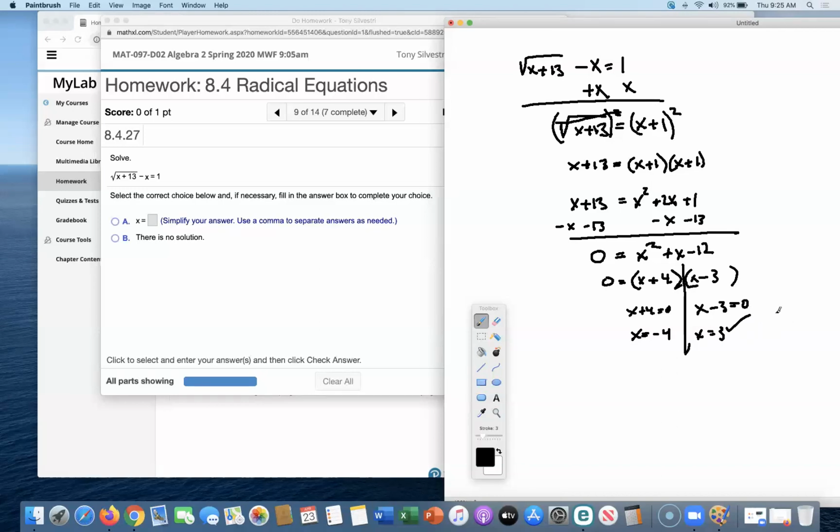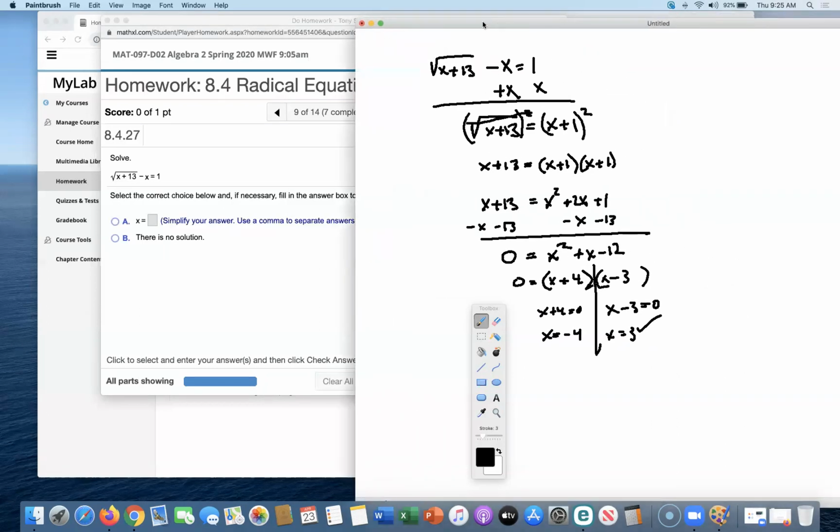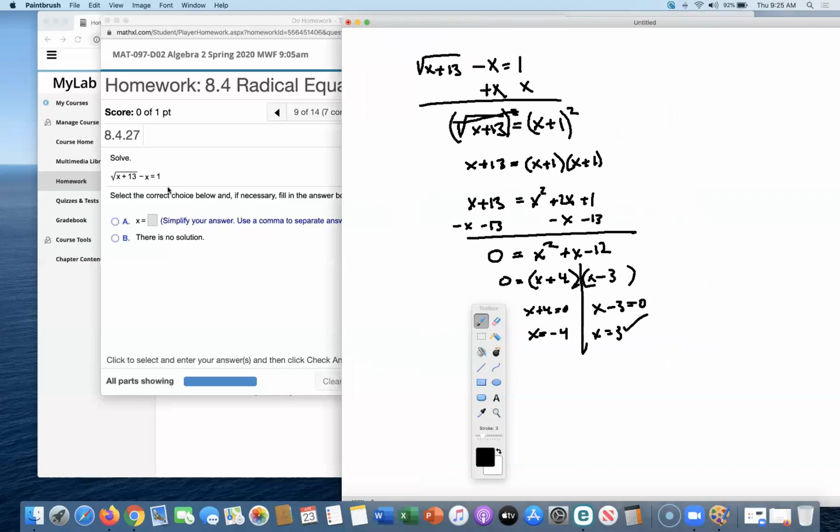Let's try minus 4. Now, minus 4 might be a little bit of a problem here. Let me see if I can make it a little wider. What I want to do is stick in minus 4. So I get the square root of minus 4 plus 13, minus a minus 4.